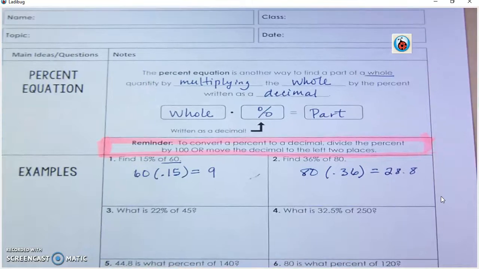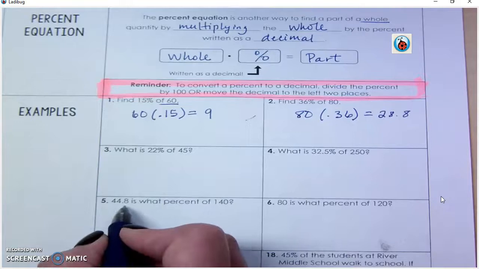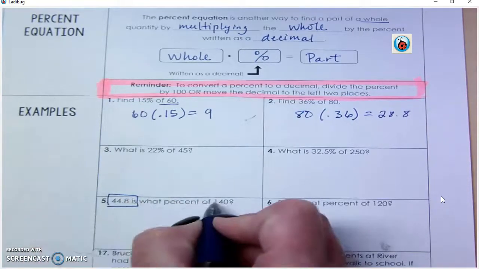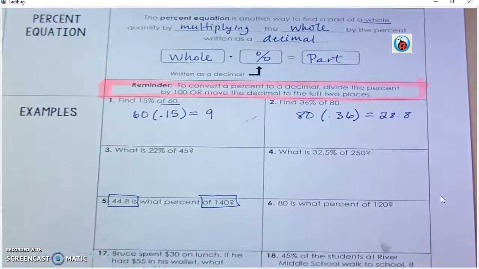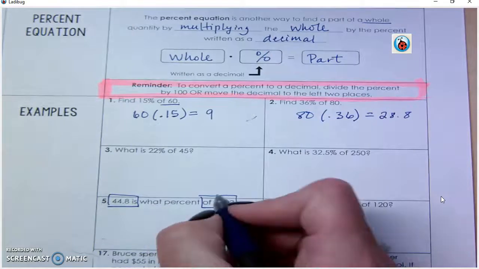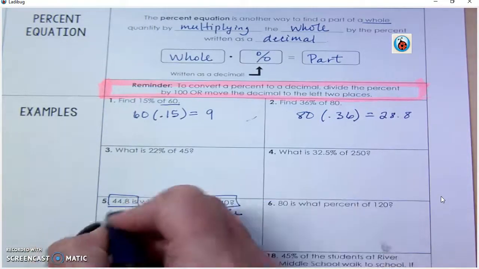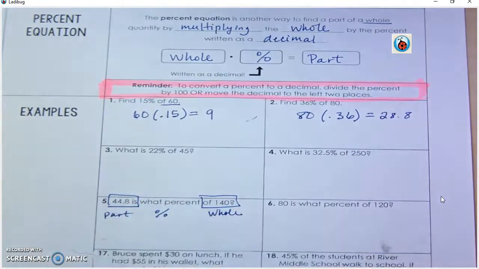So it's really important to identify what specifically we're discussing. In question number 5, 44 and 8 tenths is part of 140. This is really an application of common sense. So 140 is your whole number, 44 and 8 tenths is the part, and you are looking for the percent. You do not know that value.